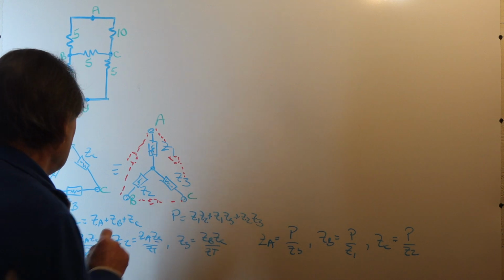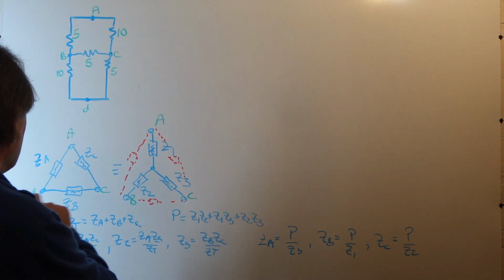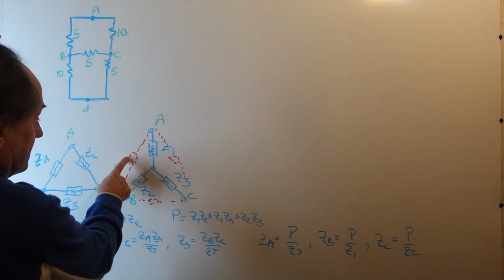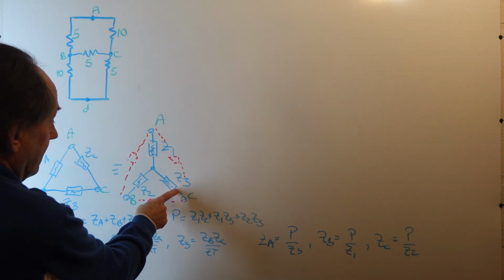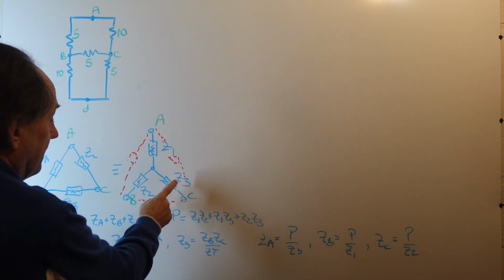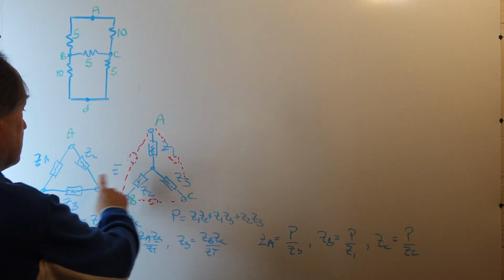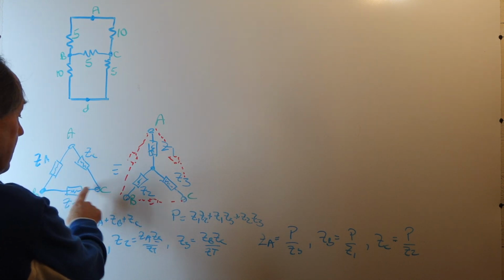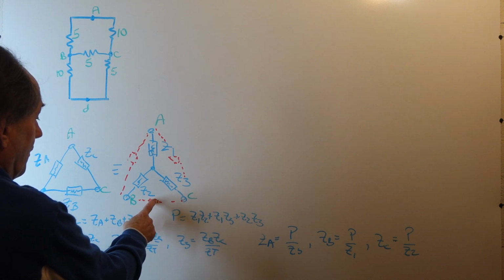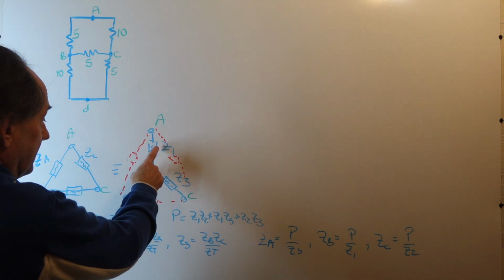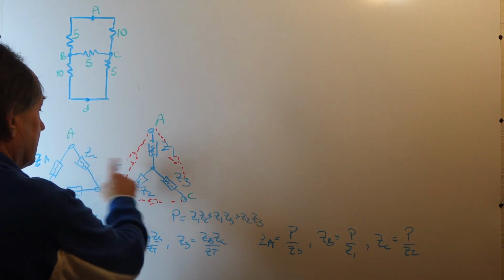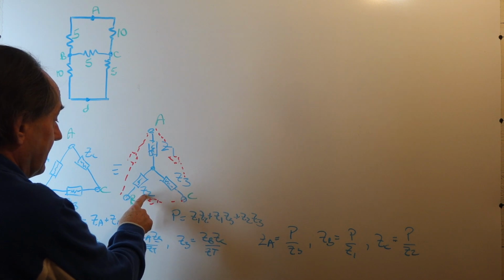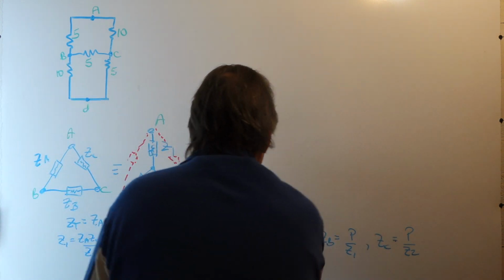That defines P. Then to get ZA, this is my ZA, we take the element that's opposite on the Y, which is Z3, and we divide that into P. To get ZB, we take the element in the Y connection that's opposite, Z1, and divide that into P. And then to get ZC, we take the element opposite it in the Y and divide that into P. So these are the conversions.